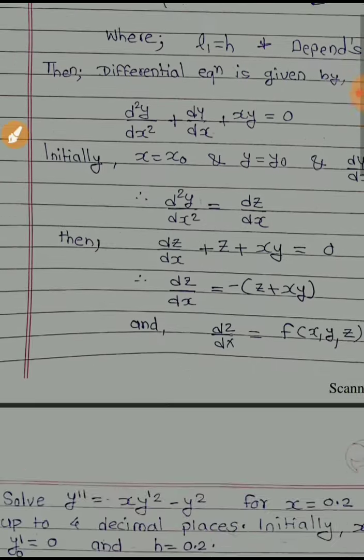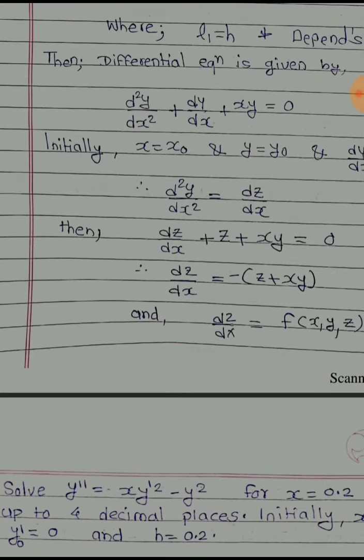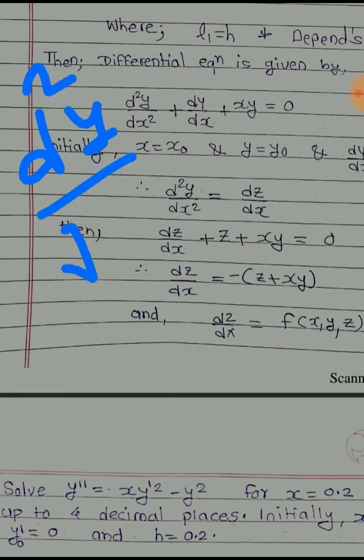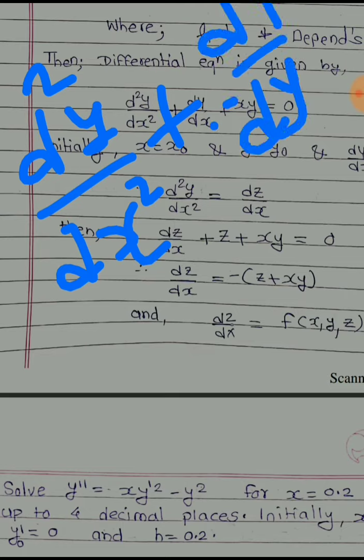Generally friends, any second order ordinary differential equation is d square y by dx square plus some term dy by dx plus some other term is equals to 0.